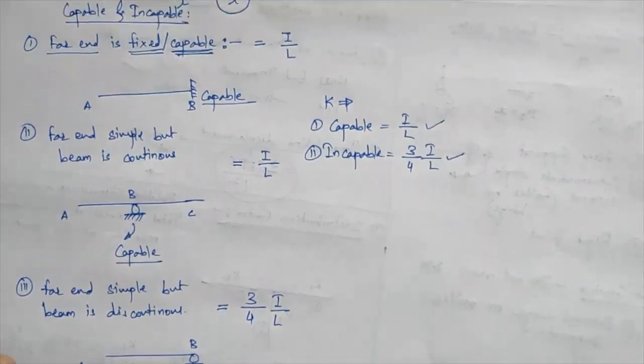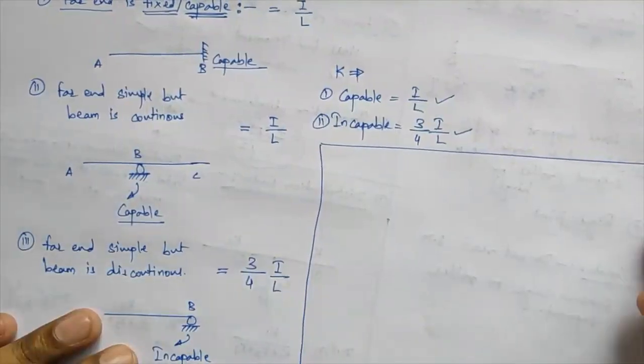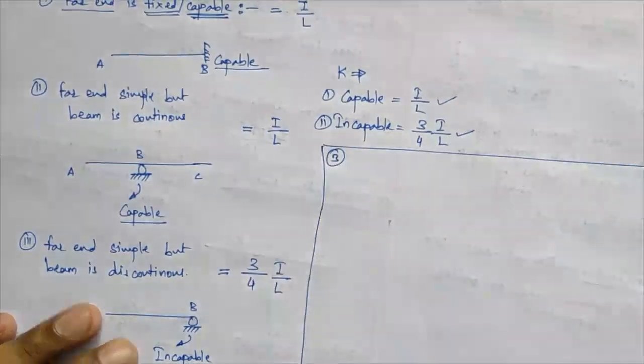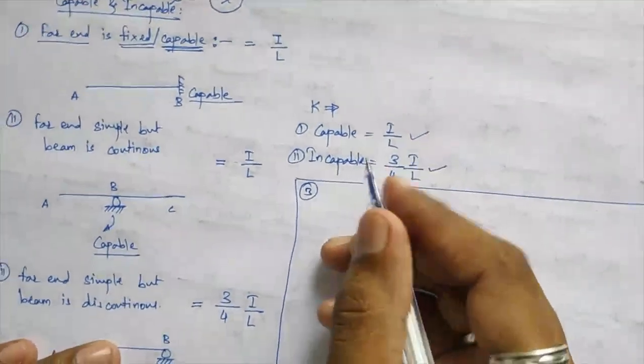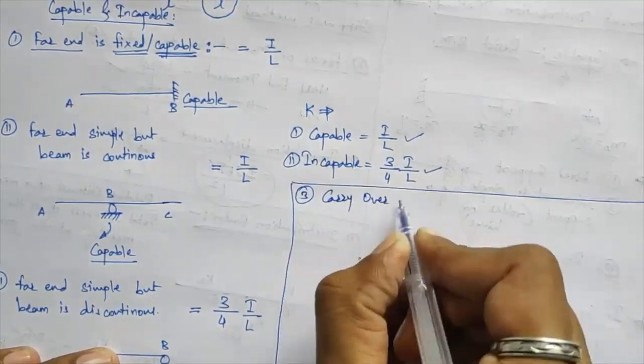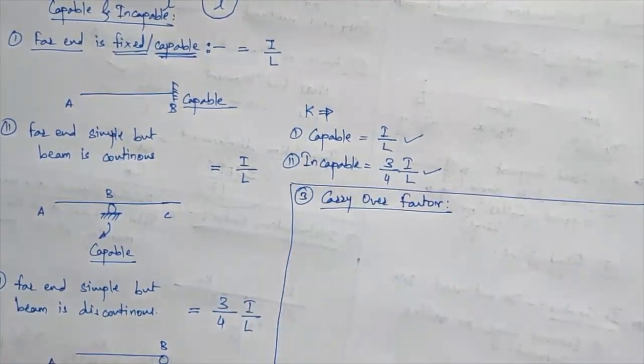Now we will see the third term, here I'll write that. The third term is your carryover factor. Carryover factor is the factor through which your near end moment is transferred to the far end.